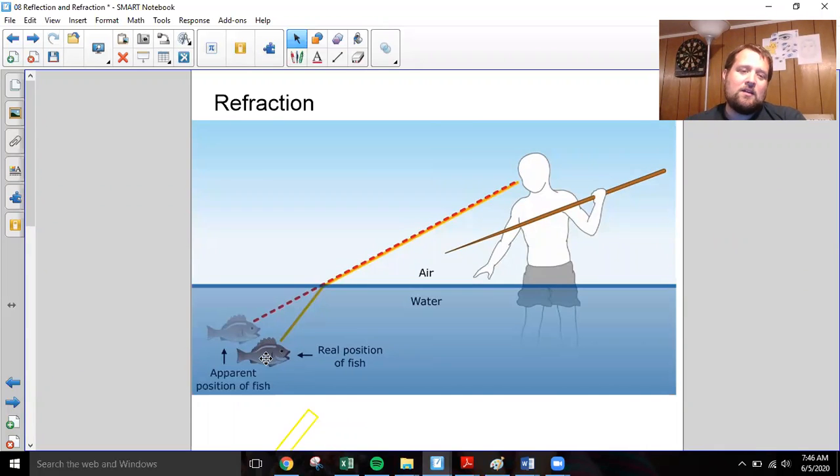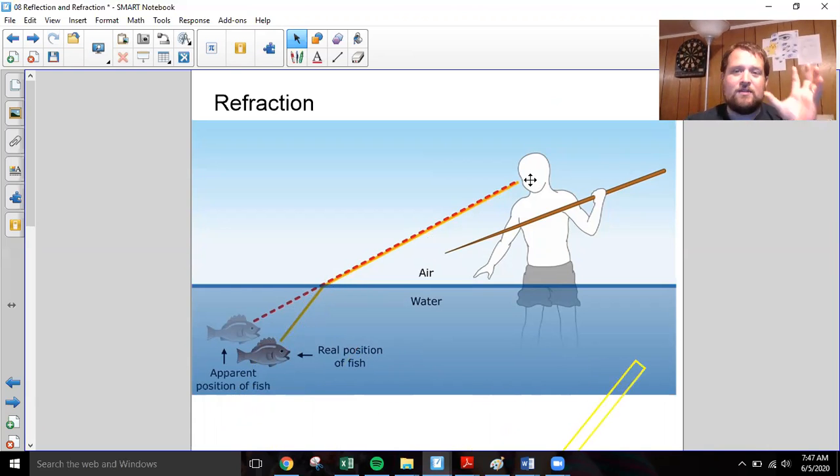And the problem is the light, as it bounces off the fish and goes towards your eye, has to go from the water to the air. And so this is just like in the simulation, as the light comes up, this corner hits the air first, it starts to speed up because the air has that lower index of refraction. And so the left side goes fast and the right side goes slow. So once again, we get one of these and it bends. So once it's all the way out, then it just goes up to your eye.